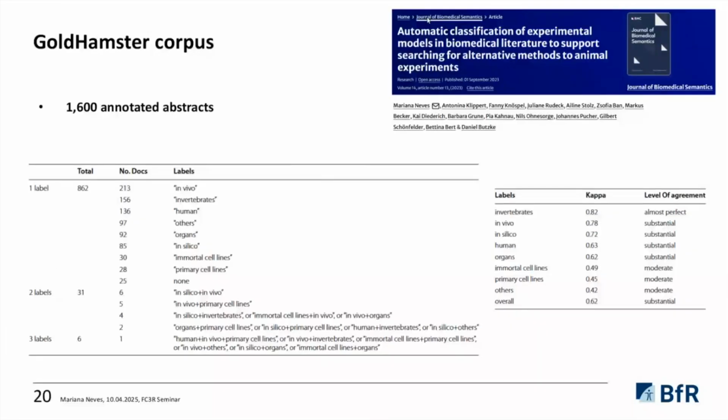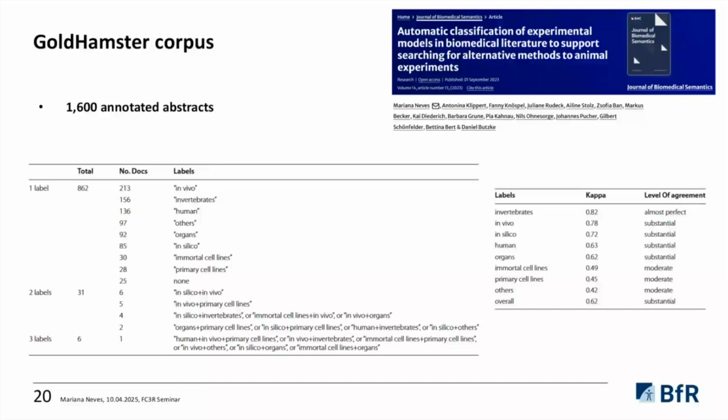So a couple of years ago, we published the method behind this prediction of the label. So we annotated a corpus. So what's a corpus? It's a collection of abstracts that we retrieved from PubMed.